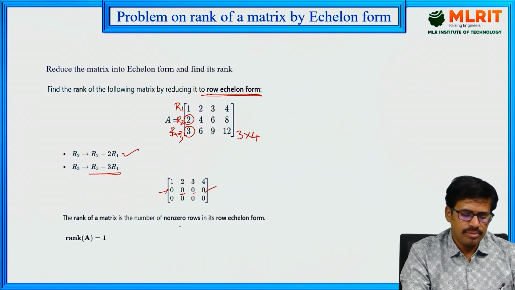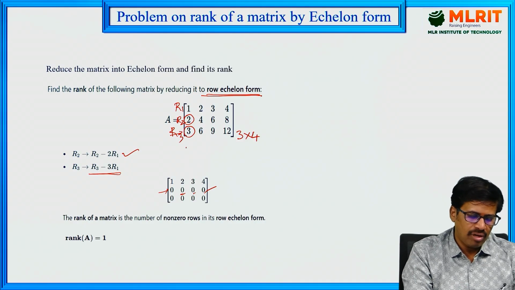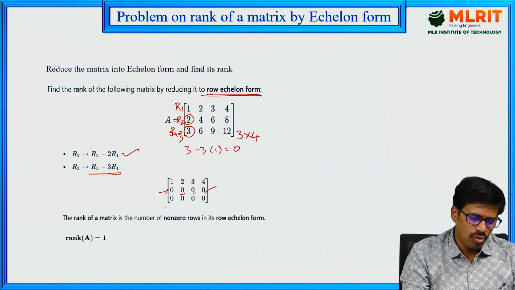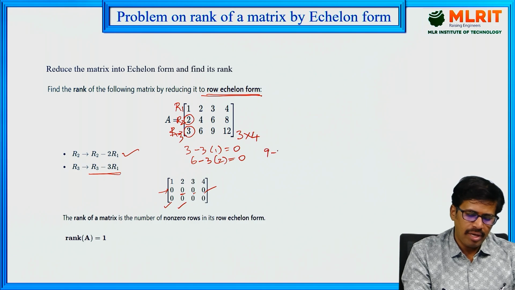Third row elements, R3 minus 3R1: 3 minus 3 into 1, that is 0. Next, 6 minus 3 into 2, that is 0. Next, 9 minus 3 times R1, that is 0.